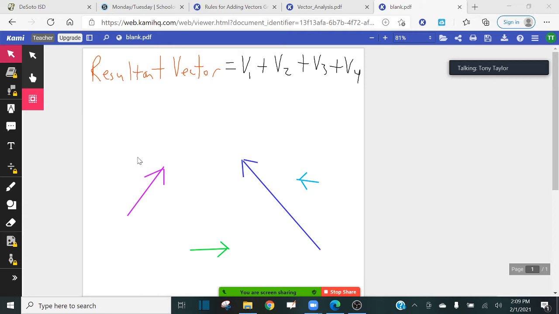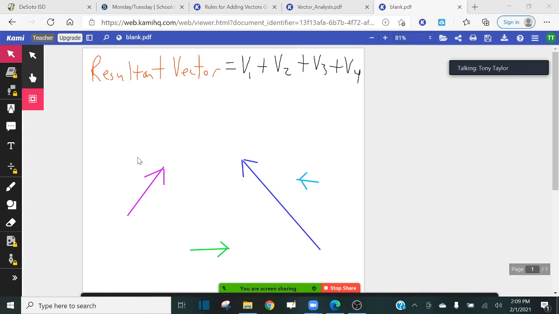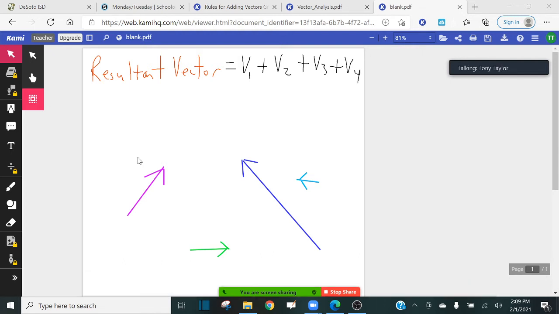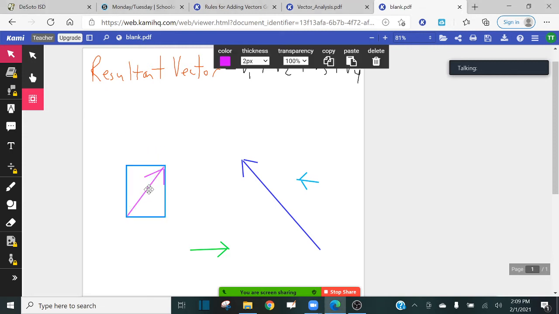All right, so again, guys, thank you. Whenever you're adding vectors, you always want to connect them head to tail, head to tail, head to tail, head to tail. So let's do this now. Can I do this, guys? Is that a legal move for this first step? No. Nope. How about that? No. Yeah, I can do that.